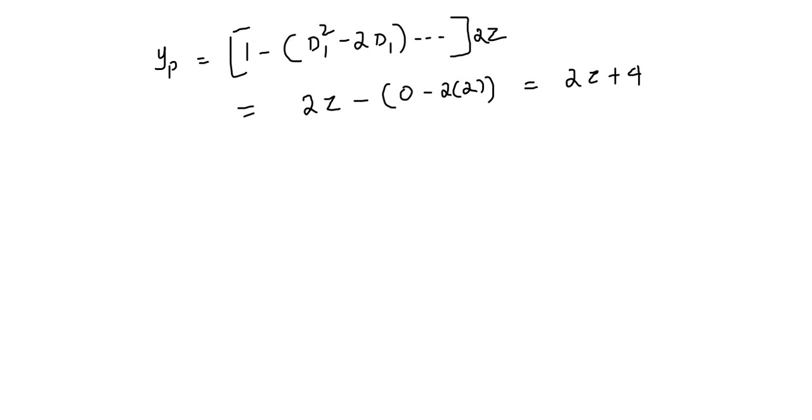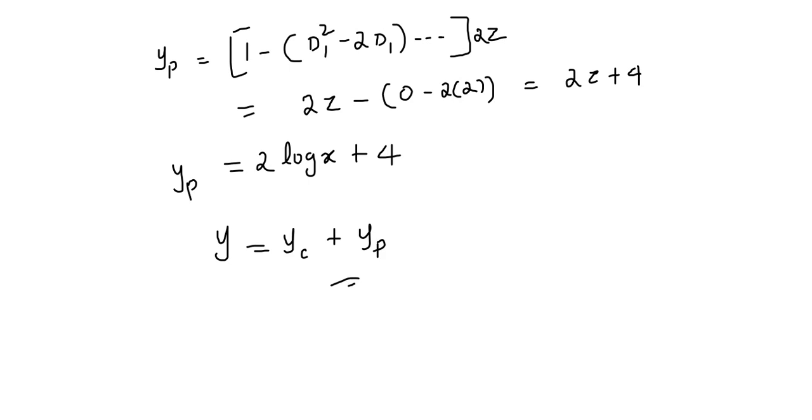This is your yp as of now. Let us substitute what we have taken earlier, that is 2 log x plus 4. So this is your yp. So y is equal to yc plus yp. This is the solution of the differential equation.